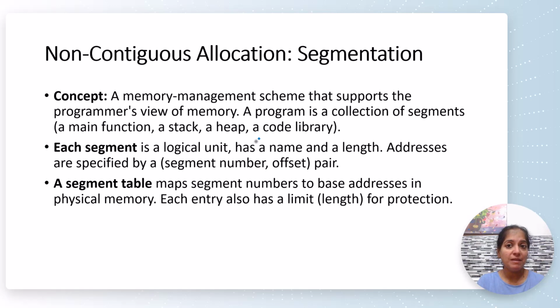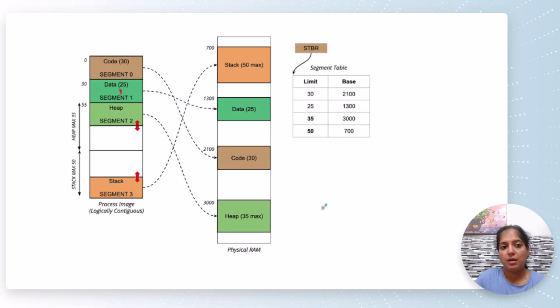Instead of a page table, we have here a segment table which maps segment number to their base address in the physical memory. Each entry also has a limit, which is the length of the segment, for protection, so that no two physical addresses can interfere with each other. One memory location should not be able to update another's memory location.